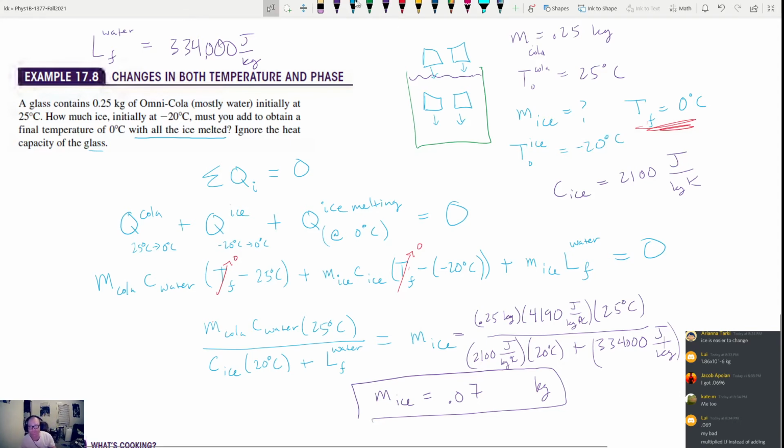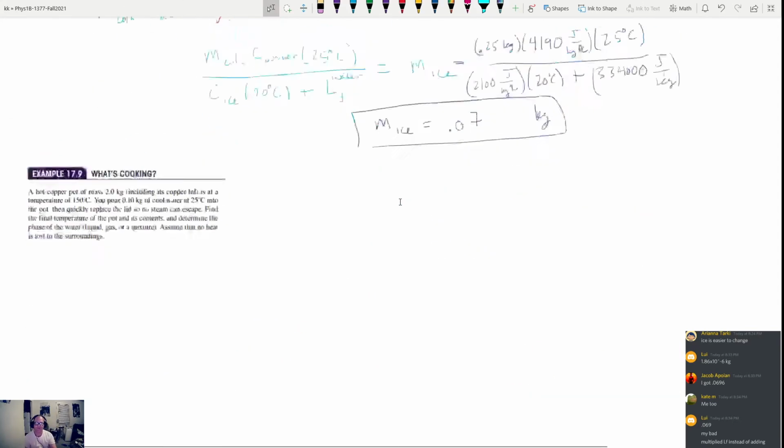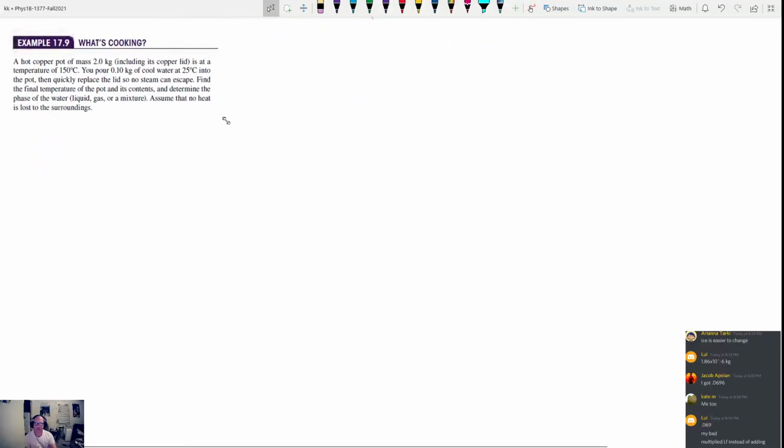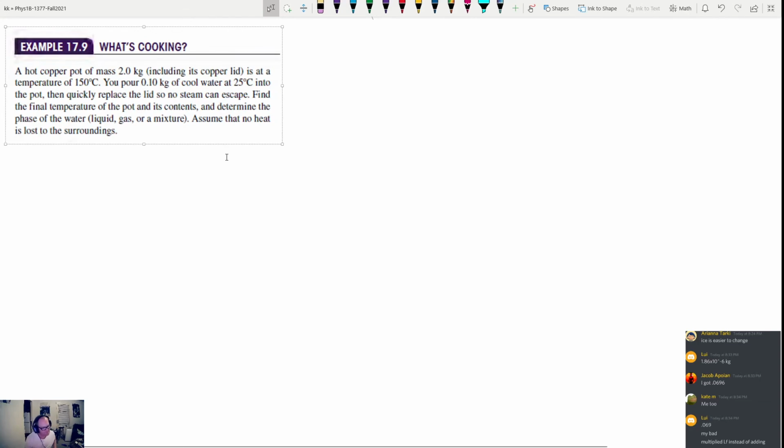Alright, let's do one more. The last one. And this should kind of finish up at least this topic of calorimetry. I think there's still some stuff from chapter 17 that we won't have covered by tonight, but I think it's just heat transfer. So I would suggest that you read that part on your own. This will probably be the last topic that shows up on the test, by the way, specific heat.